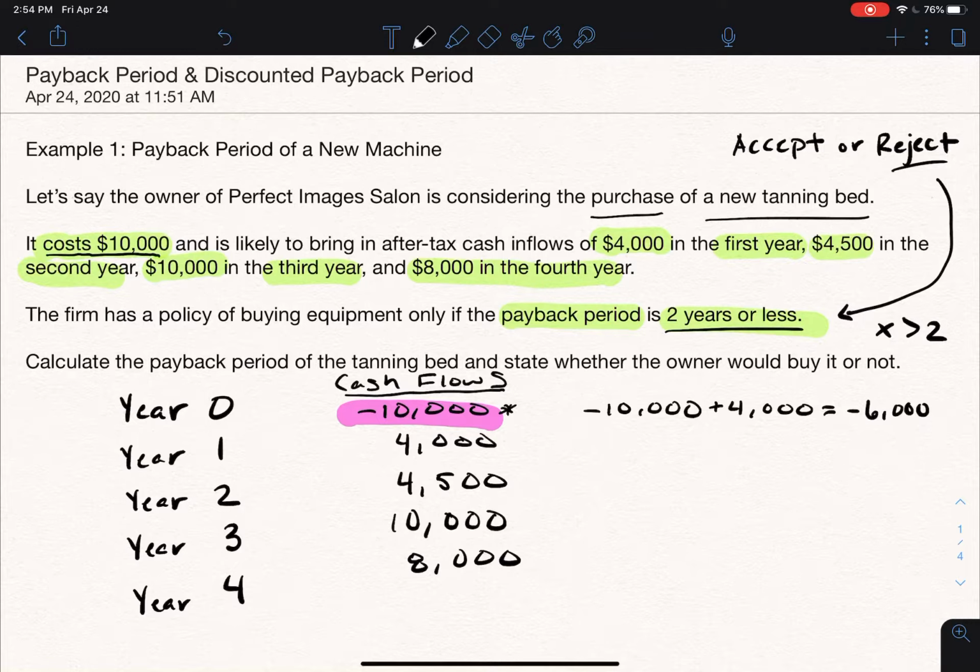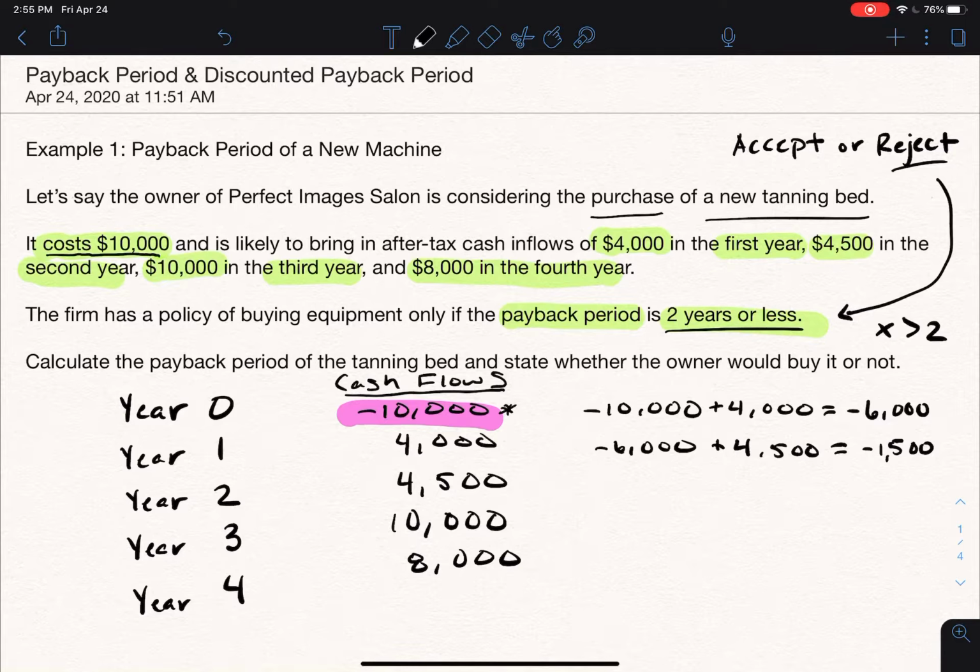And then in year 2, negative $6,000, I'm going to earn $4,500. So I'm going to add that $4,500, right? And then that's going to leave me with negative $1,500. So I haven't quite earned my investment back just yet. So then in year 3, I don't actually need that whole 10 grand, do I?